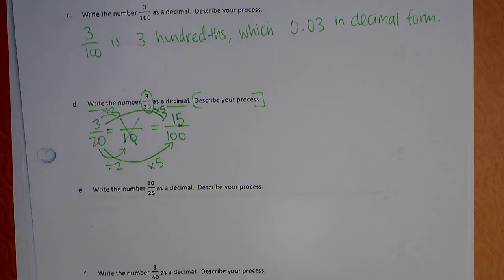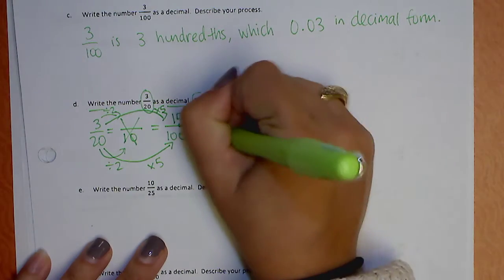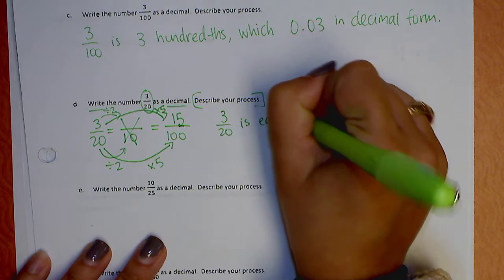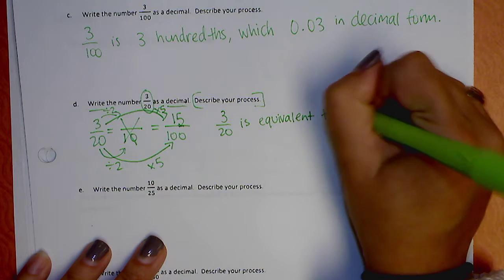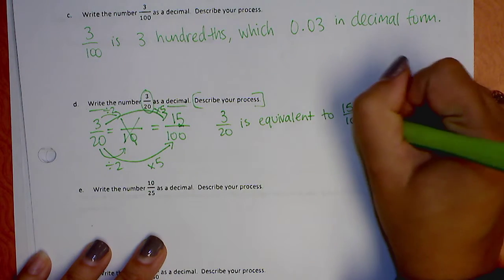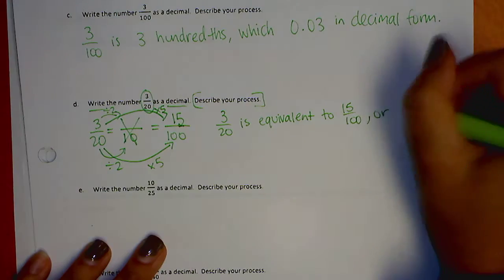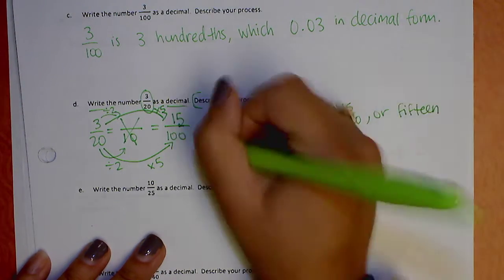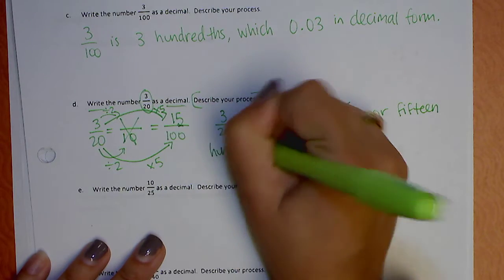So this is the equation or the sentence that I expect you to write for these problems. 3/20 is equivalent to 15 hundredths.